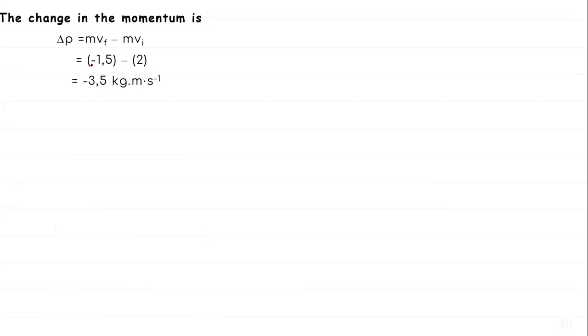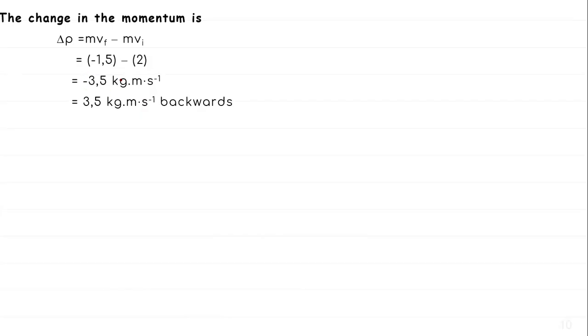Remember, momentum is a vector, so we substitute it with direction, minus the initial momentum. That means the momentum when it was going towards the wall, remember it was a positive 2, and this in total will give us negative 3.5 kilograms dot meter per second.